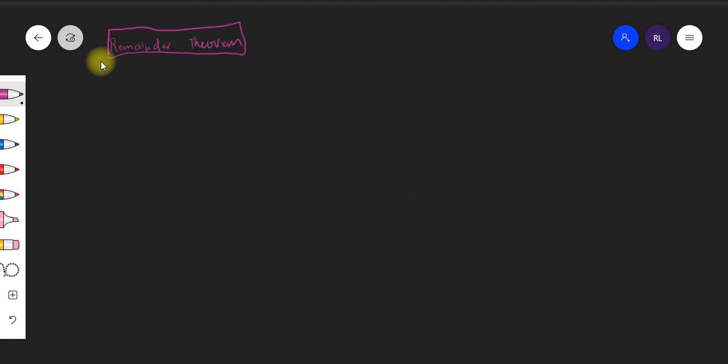So what does it tell us? If we have a polynomial, let's say p of x, and we divide it by a linear divisor, let's take note of linear divisor, say x minus c, where c is any real number, then our remainder will just be p of c.